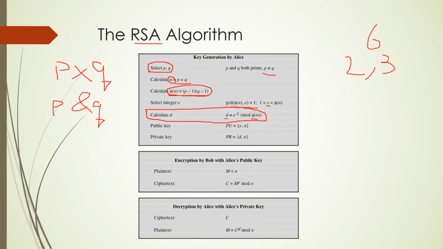That's true, but if the number is astronomical, let's say the product of P and Q is 1024 bits, you need years and years of calculation by a supercomputer to factor out that astronomical number n and find out P and Q.